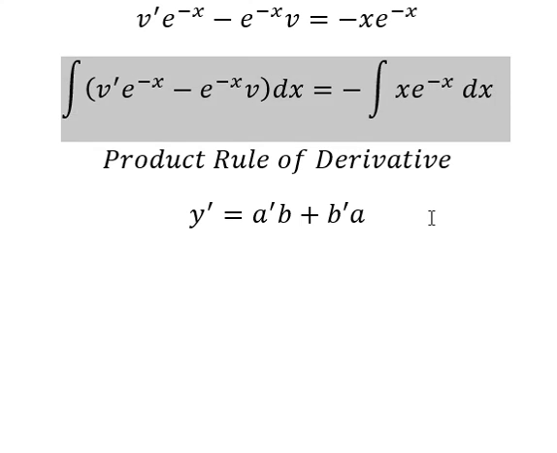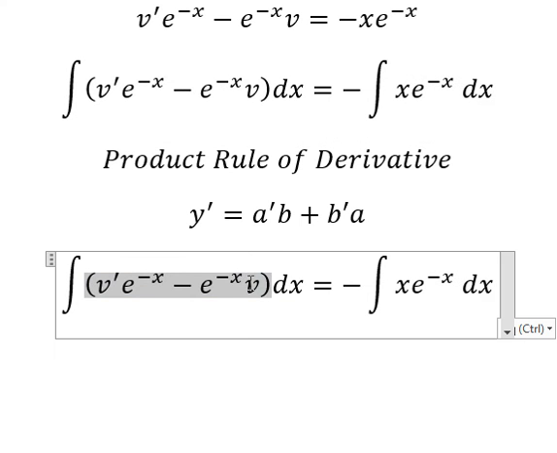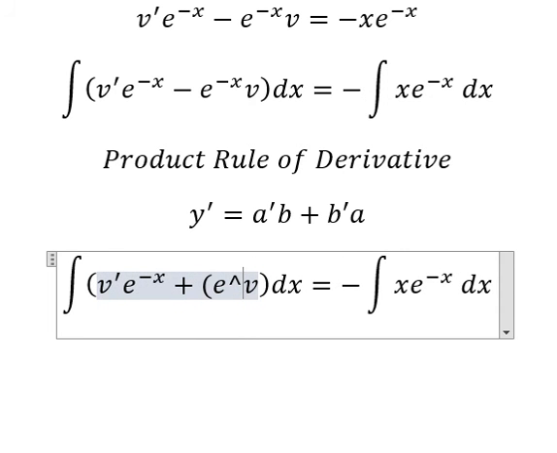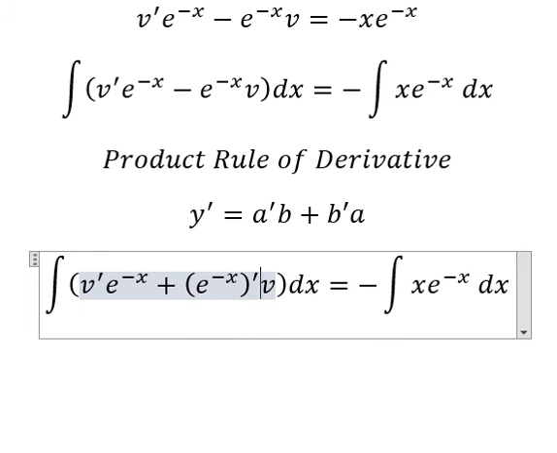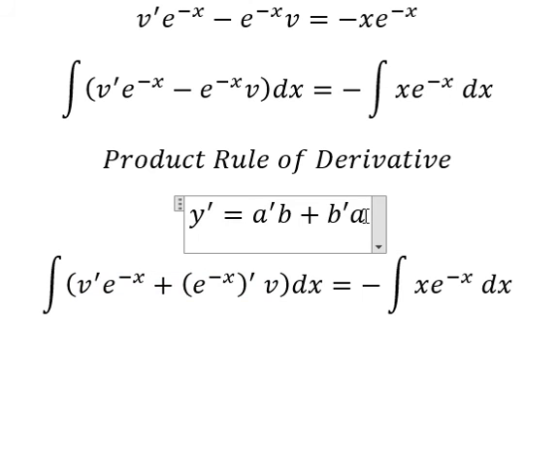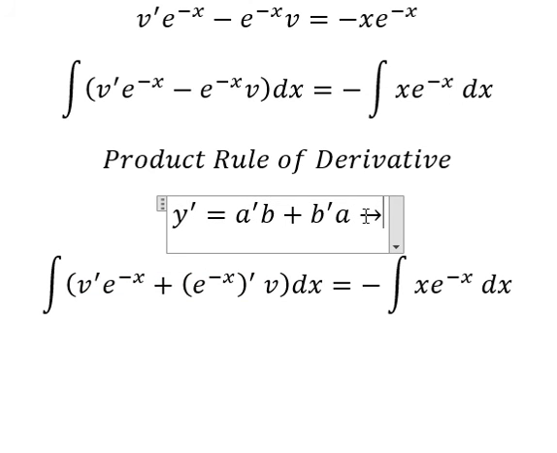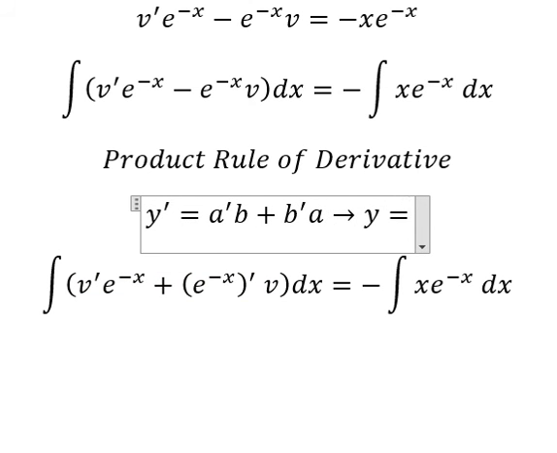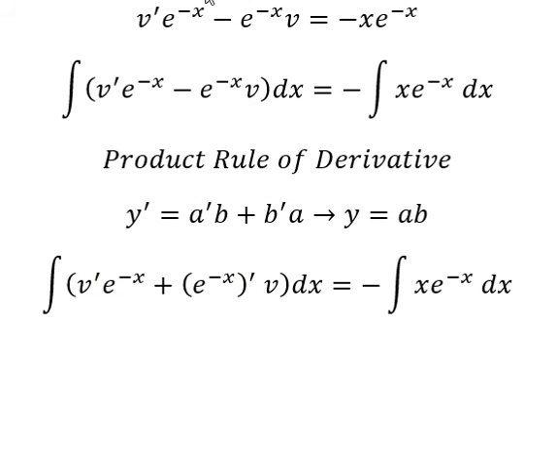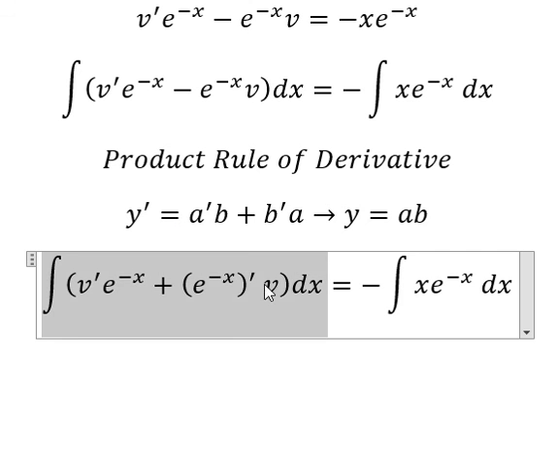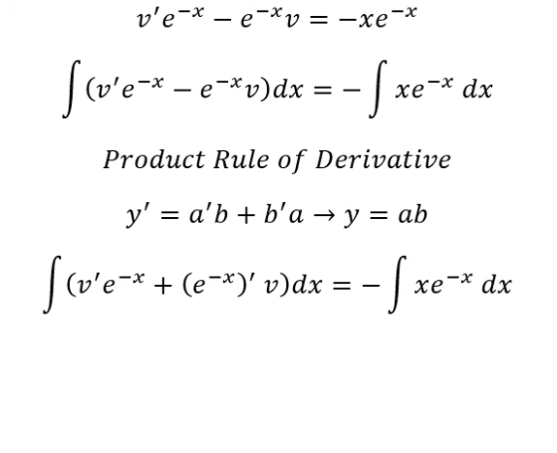If we look carefully, this is the first derivative of a multiplied by b. This one is the first derivative of b multiplied by a. So if we do this integration, we have y equals ab. So for this one, we will have v e to the power of negative s.